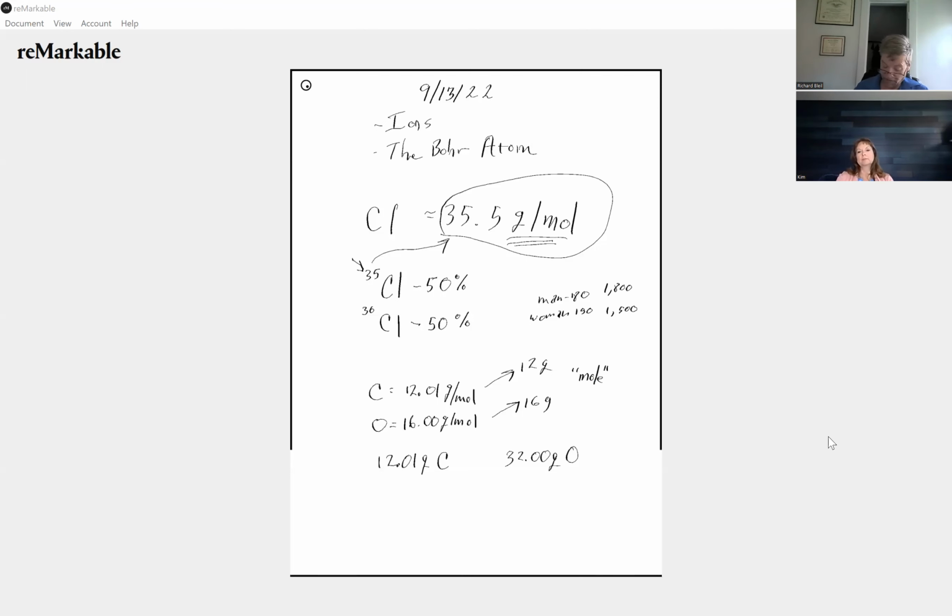So if we have 12 grams of carbon and 32 grams of oxygen, what's the ratio of carbon to oxygen? Now, I intentionally chose 12 grams so we would have one carbon. How many oxygens would we have?